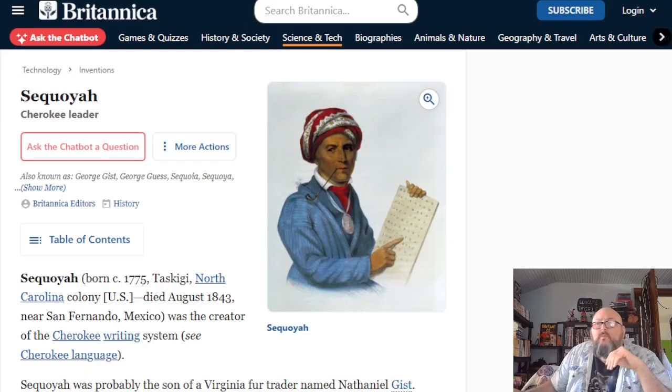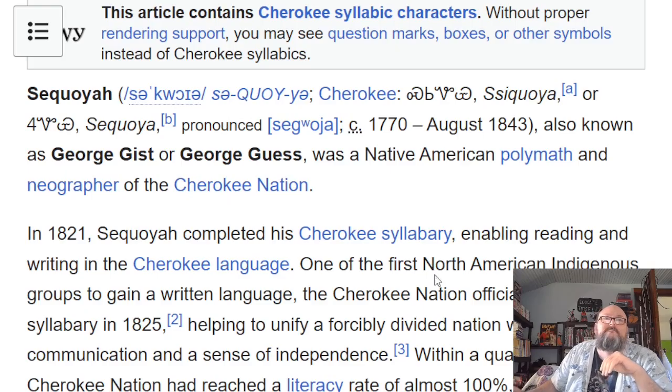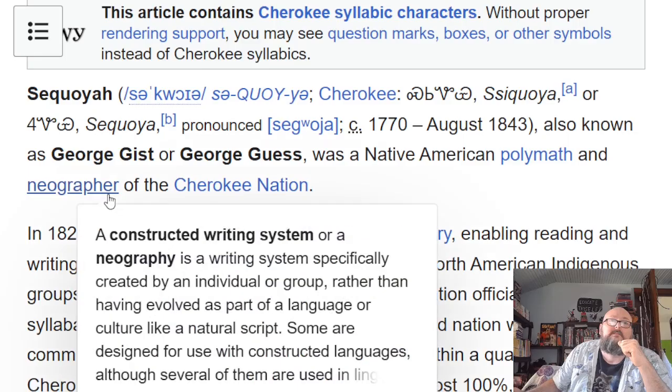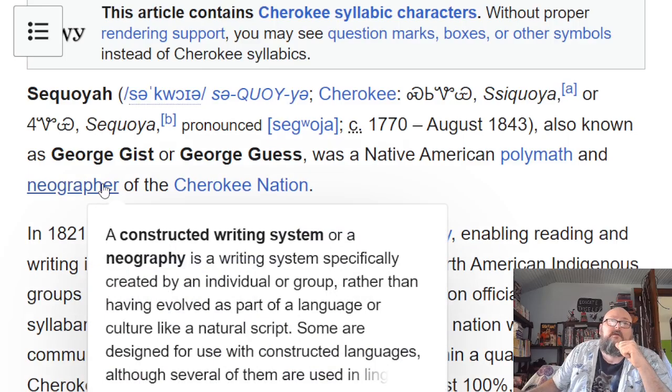Now let's look at Wikipedia. Was a Native American polymath and neographer. It's a new word. Okay, someone who helps construct a writing system.